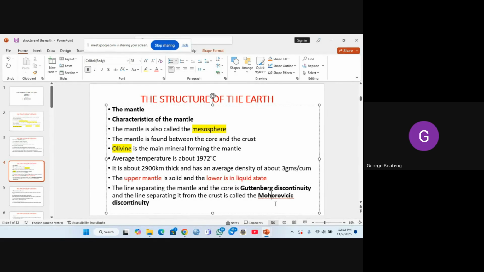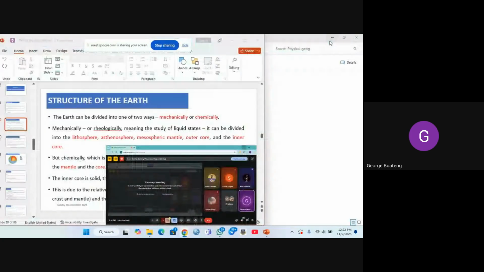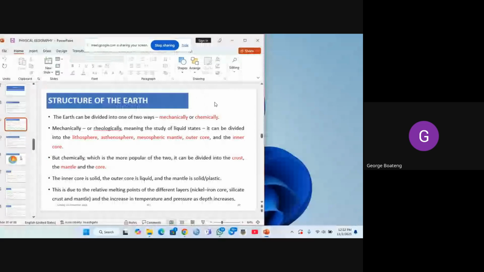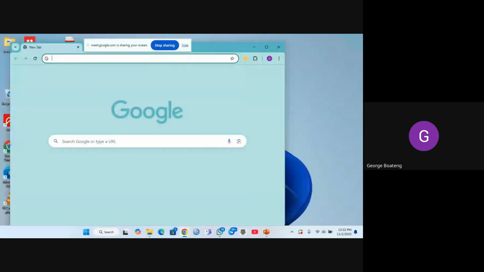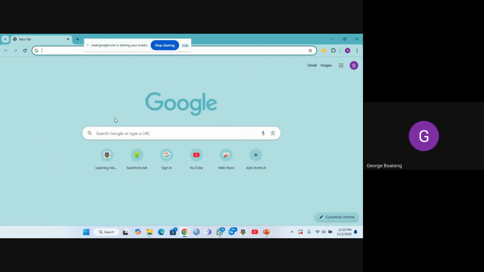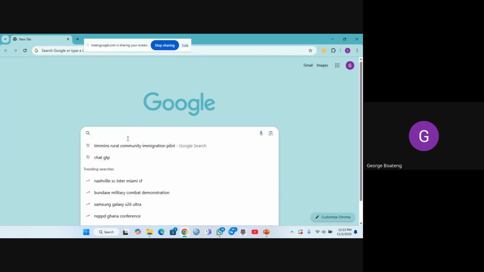So we have a border or a line that is in between the mantle and the core. And scholars have given it a nice name. And that name is known as the Gutenberg discontinuity.